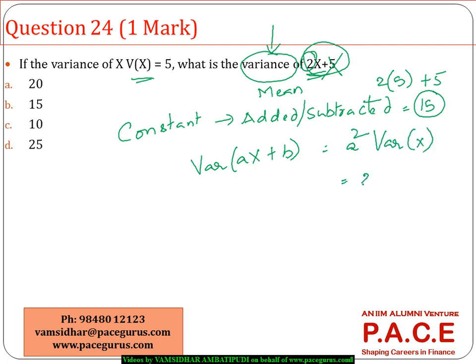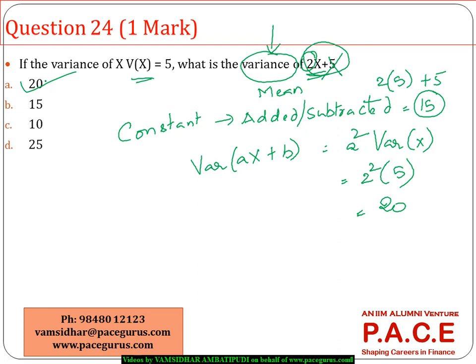So which means 2 squared times the variance of x, which is 5. 2 squared and 5, 20. So which goes with option choice A in this case. So these things have to be remembered, and not many silly mistakes can happen in these areas.